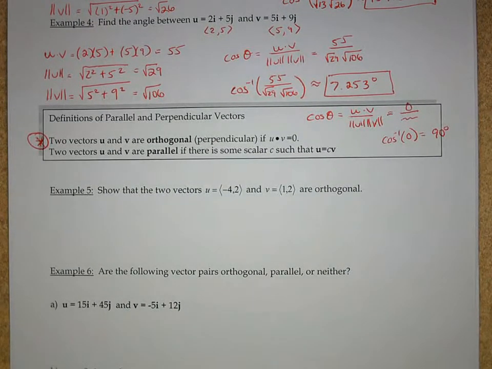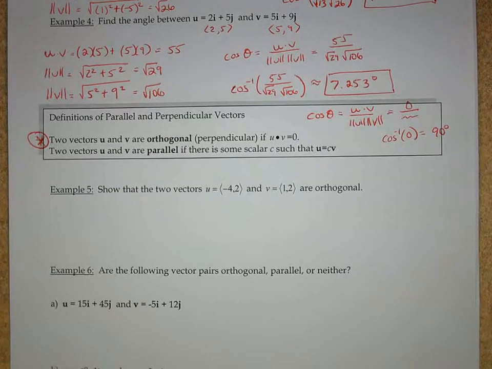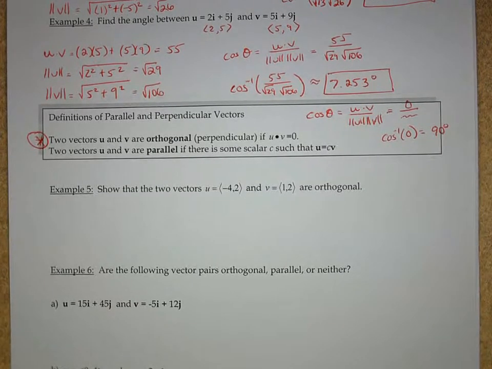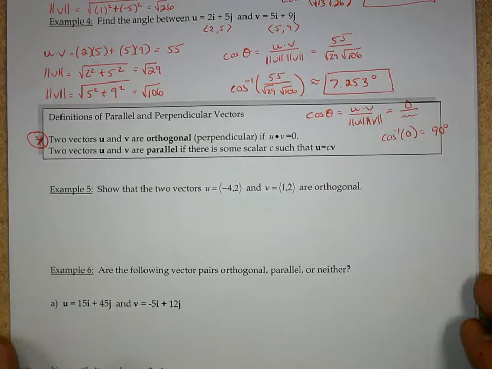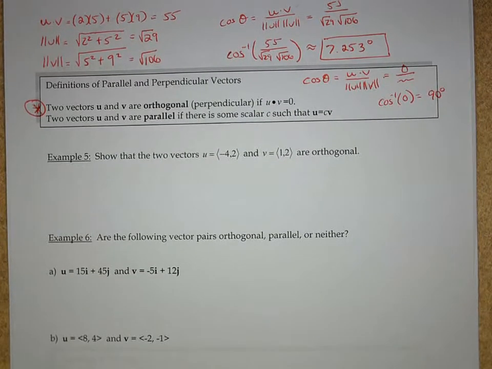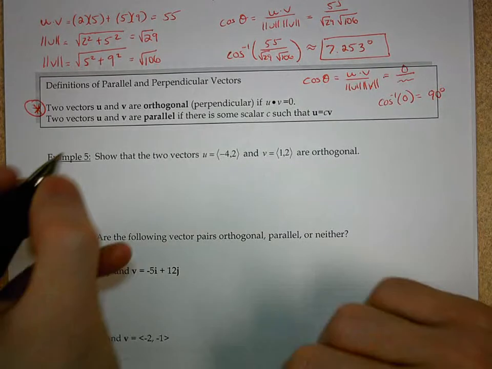So that's why if I have a dot product of 0, I'm going to have two perpendicular, or orthogonal, vectors. That's key. The second thing is if there is some constant that's the only difference between the two vectors, then we've got parallel. So for example 5, showing the two vectors are orthogonal, we just need to show that the dot product is 0.